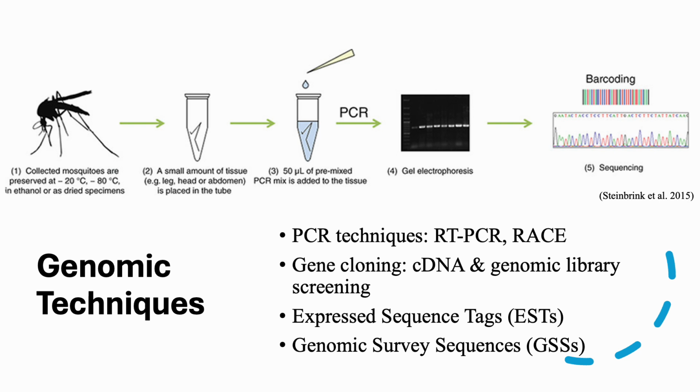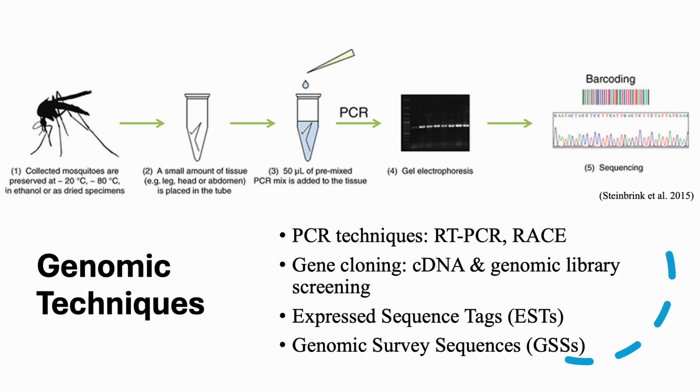So PCR essentially would let us amplify specific DNA fragments, like making millions of copies of a particular gene sequence. For library screening, I would imagine a library where each book contains a different gene from the mosquito genome. It uses a known DNA sequence, such as a probe, to search for similar sequences in the library. So it looks for, let's say, related genes.